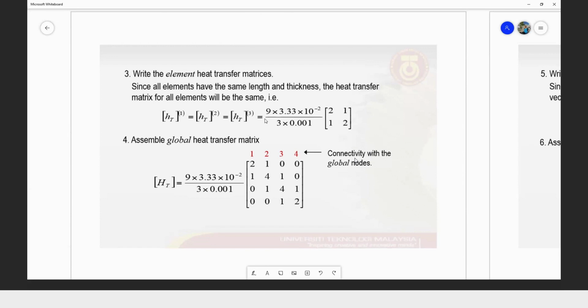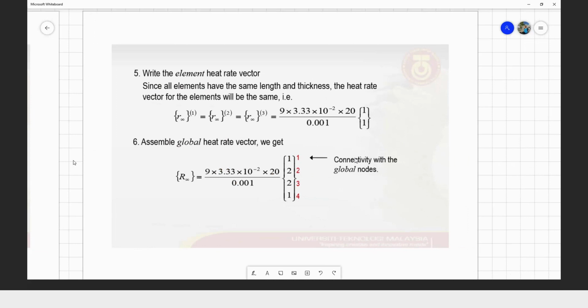We have HL over 3T, then a square matrix of 1 2 2 1. Substitute into these equations, then assemble, and you will get the global matrix for the heat transfer matrix. The process is very straightforward.